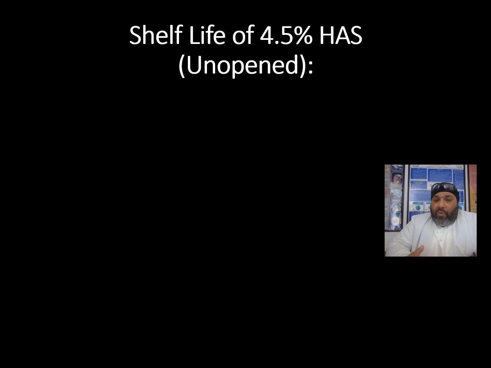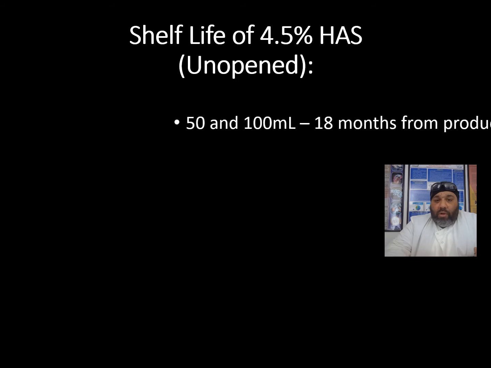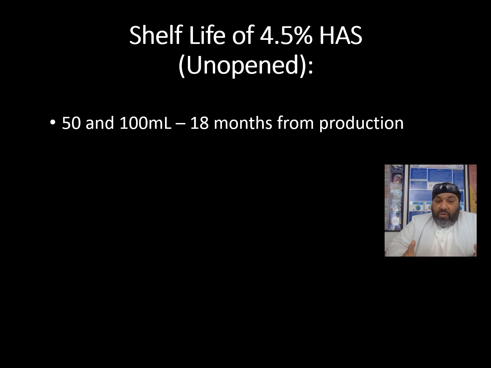The shelf life of 4.5% human albumin solution, where it's unopened, is, for example, 18 months from production for human albumin solution in and around 50 and 100 ml quantities.